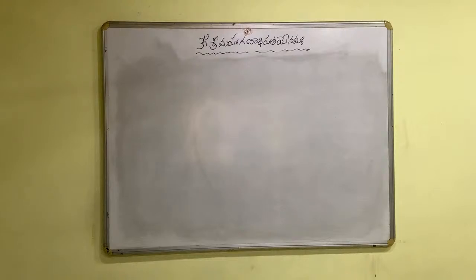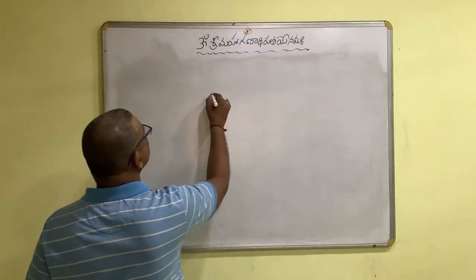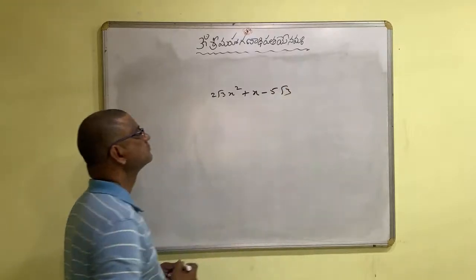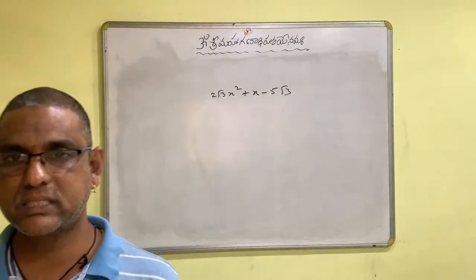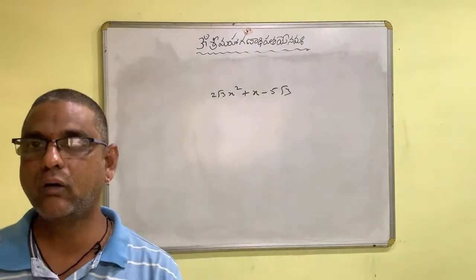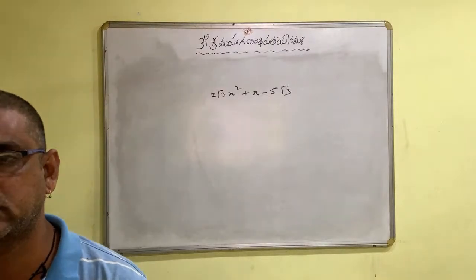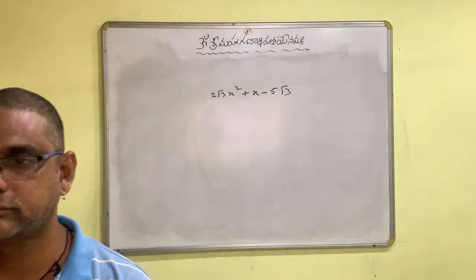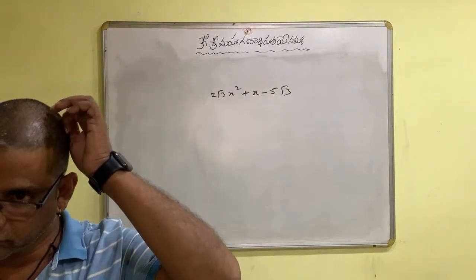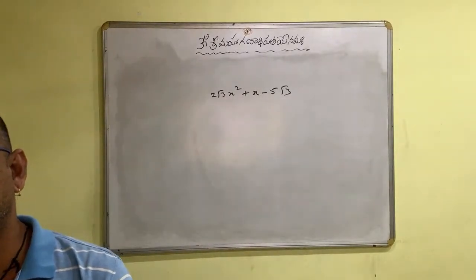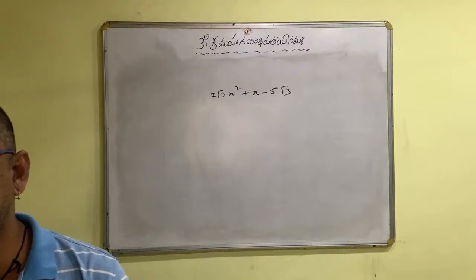Now, how to factorize this one? You can observe irrational coefficients, children.